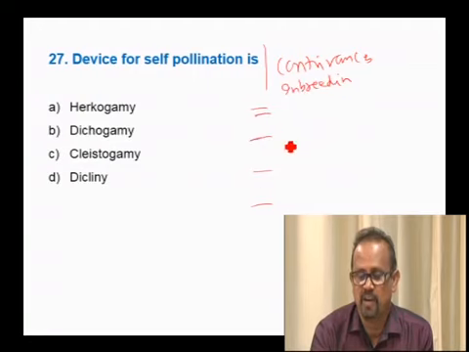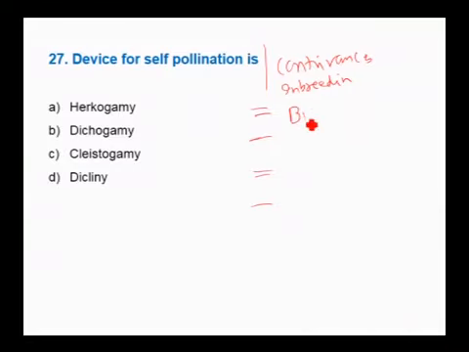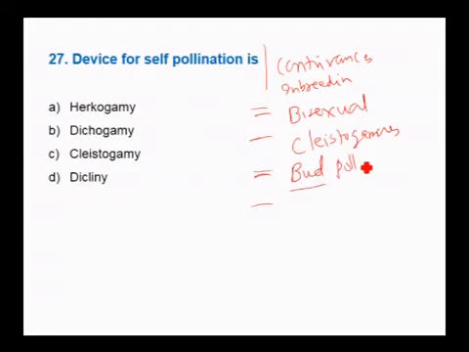For inbreeding or self pollination, first of all the flower must be bisexual, or the flower must be cleistogamous, or the pollination must occur in the bud, so bud pollination. When these are the conditions, then only self pollination is favored. Hercogamy, where there is a barrier which prevents the pollination, therefore they have to go for cross pollination here.